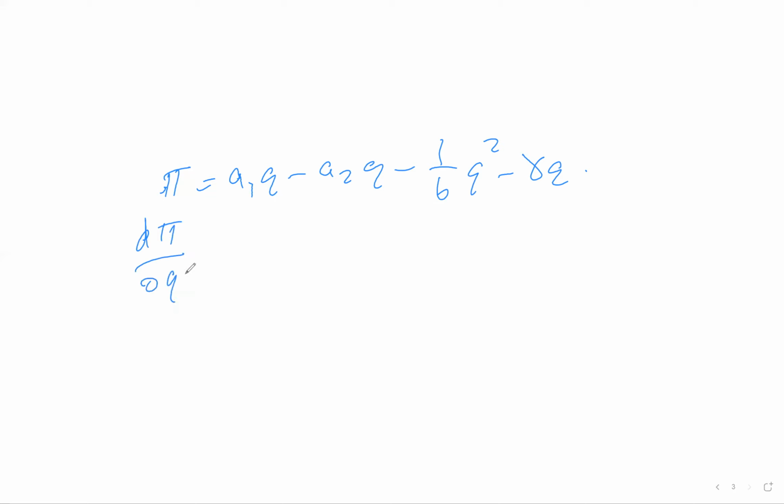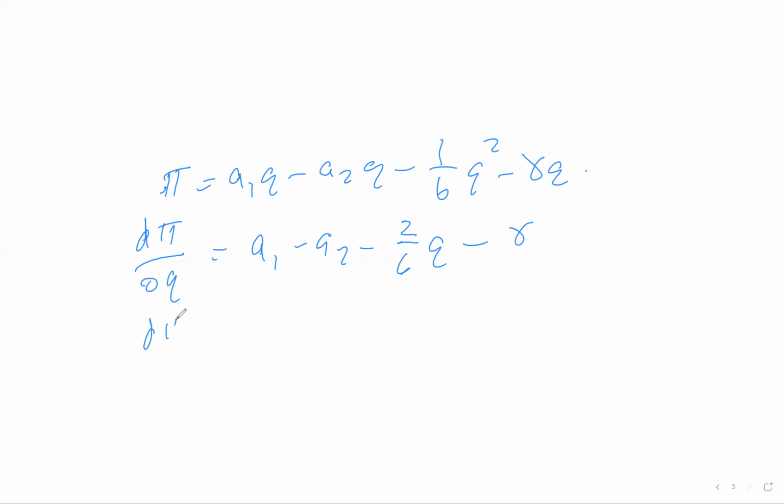Now take the derivative of the function we derived in A with respect to Q. We had a function pi equal to A1Q minus A2Q minus 1 over 6 Q squared minus gamma Q. Now for part B, take the derivative of pi with respect to Q. This will be A1 minus A2, minus 2 over 6 Q, minus gamma.